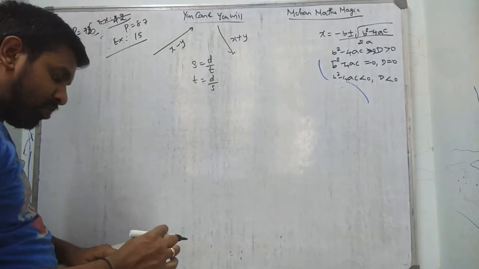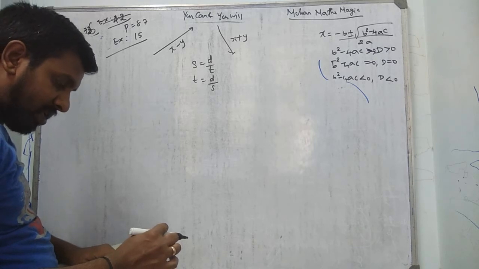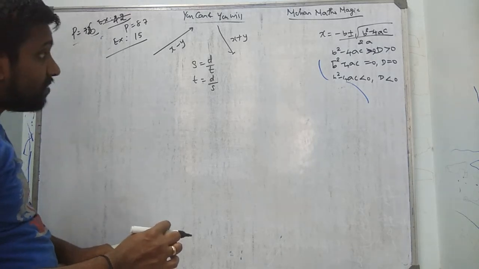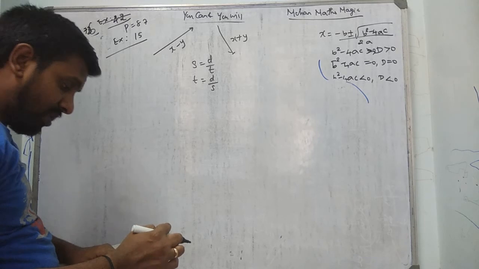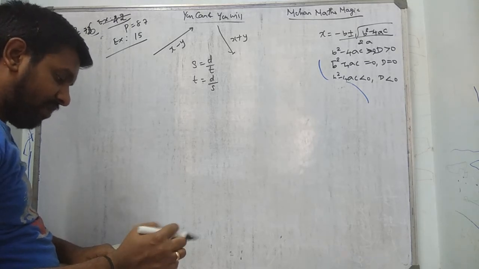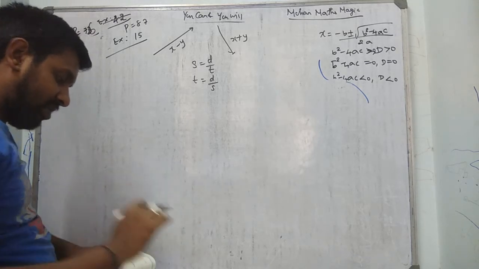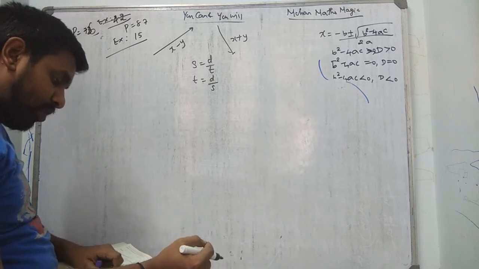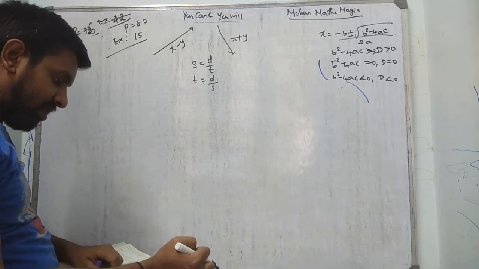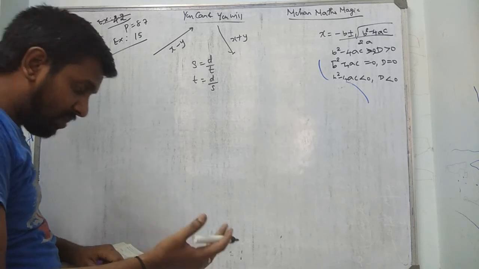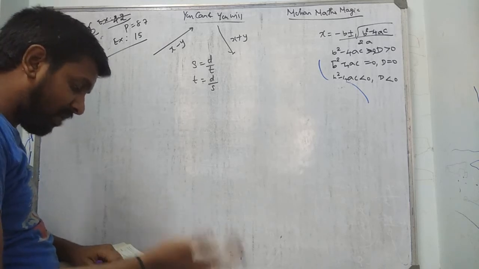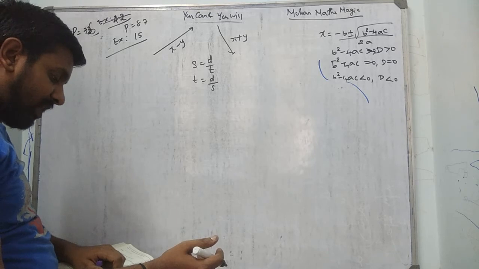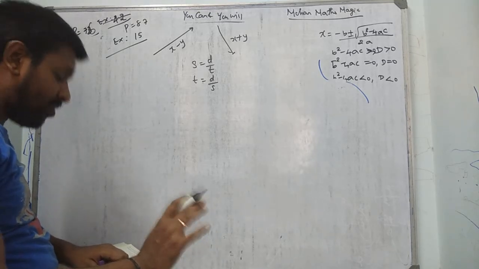A motorboat whose speed is 18 km per hour in still water. It is going 18 km in water. It takes 1 hour more. When going 24 km upstream, it takes 1 hour more compared to the downstream. So first, how many kilometers is it going? 24 km total.